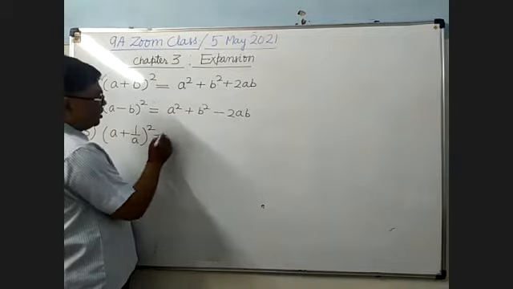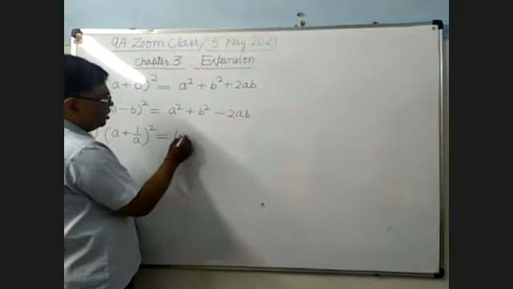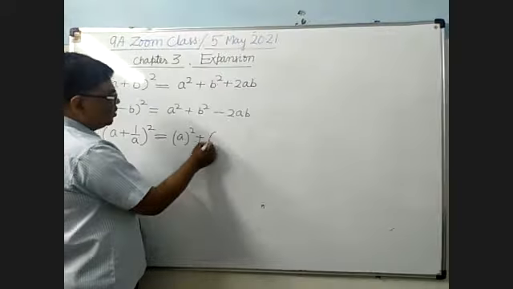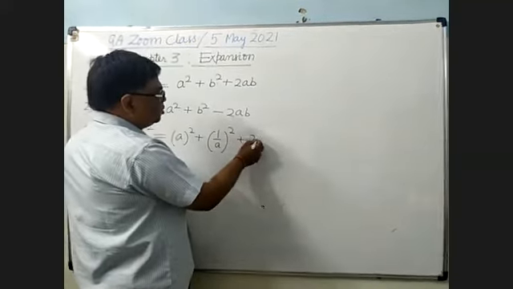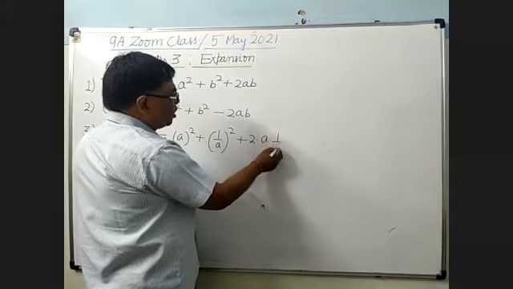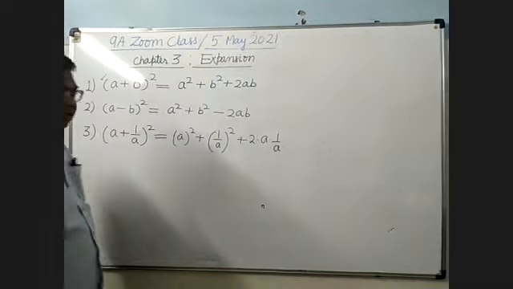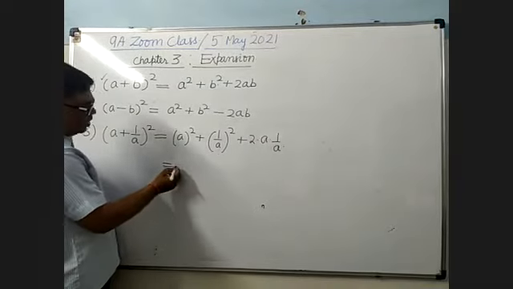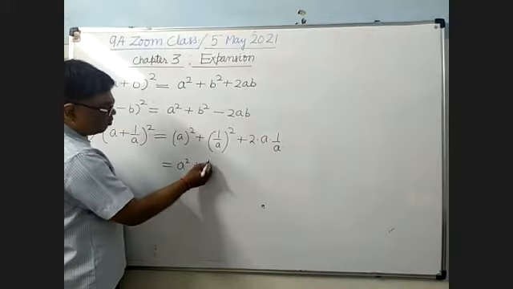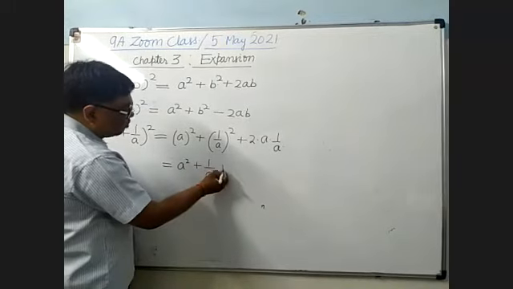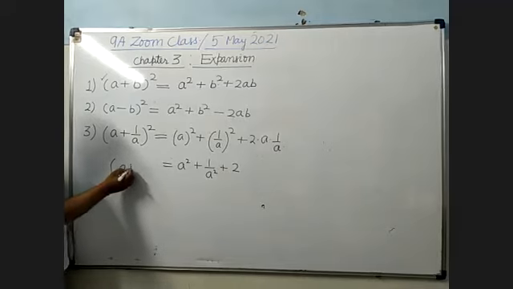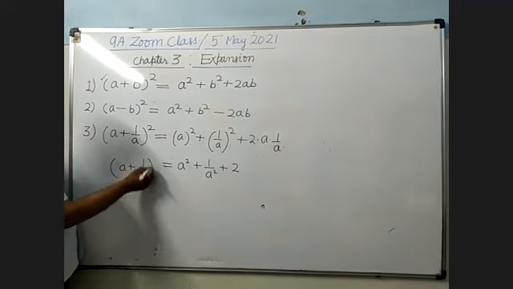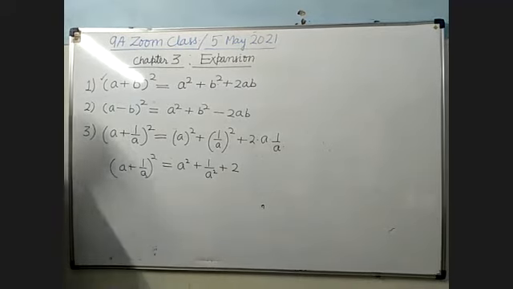So you can write here, it is a whole square plus (1 upon a) whole square plus 2 into a into 1 upon a. When you further simplify, it is a square plus 1 upon a square plus 2. So this is the expansion of (a plus 1 upon a) whole square.